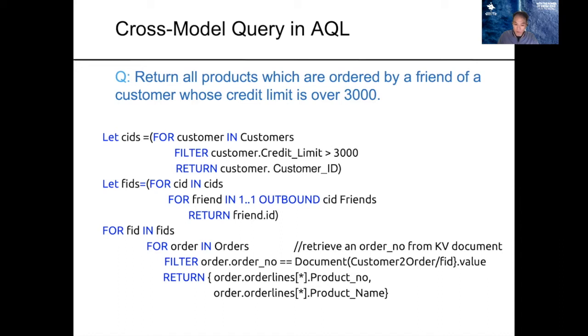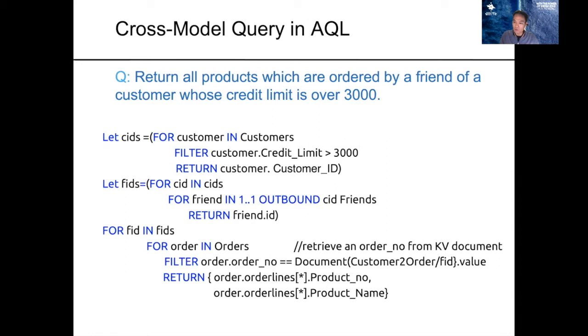And because the friendship is kept in the friend graph, we use our temporary variable FIDs to keep all of the friends retrieved from the friend graph.